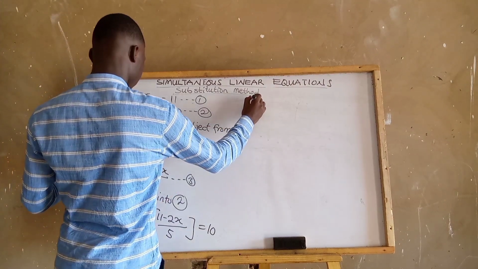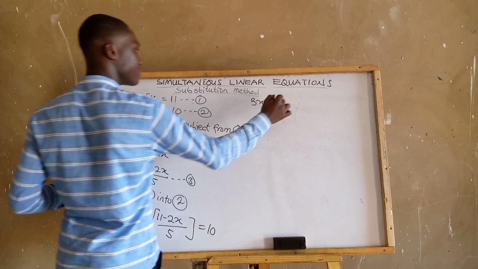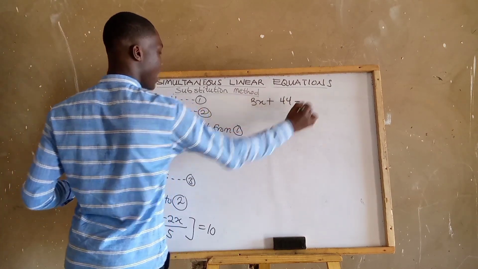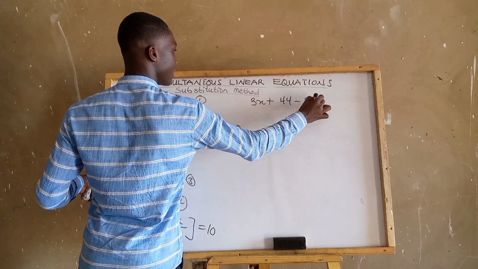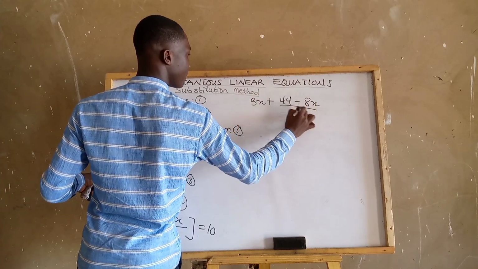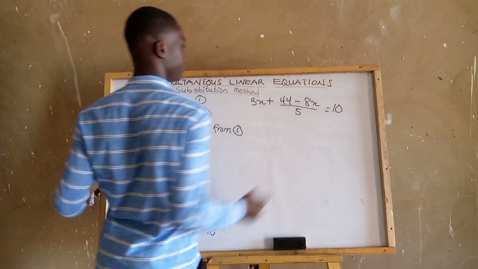So now you have 3x plus, 4 times 11 gives us 44 minus 4 times 2x gives us 8x, all over 5 is equal to 10.